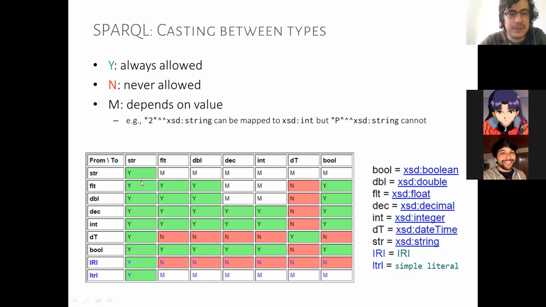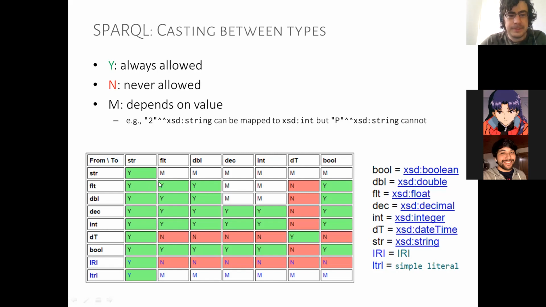In the case of string, for example, we see lots of maybes. So we can maybe cast a string to a data type, and that just depends on whether or not the string is in the format of a data type, whether it would be a lexically valid data type, which is year, dash, month, dash, day, for example.